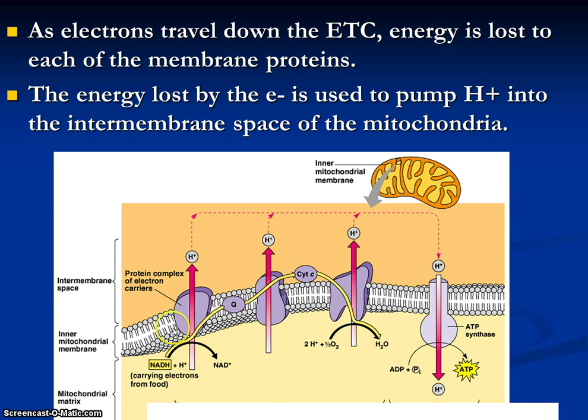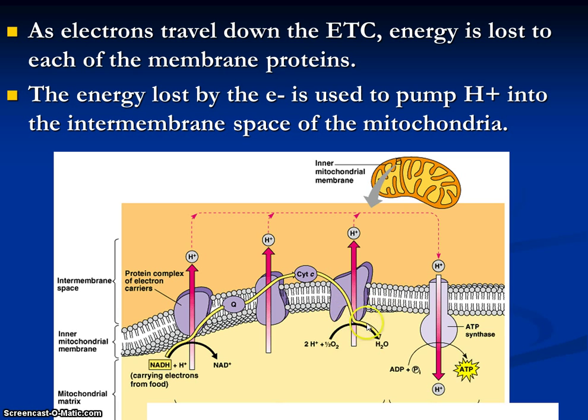Remember we've talked about these particular types of proteins, we're going to call them protein pumps, those ion pumps. And once energy is siphoned off from these electrons, what's left over are hydrogen ions, and these proteins are going to pump them out. They're going to siphon the energy from those electrons and pump out the leftover ions.